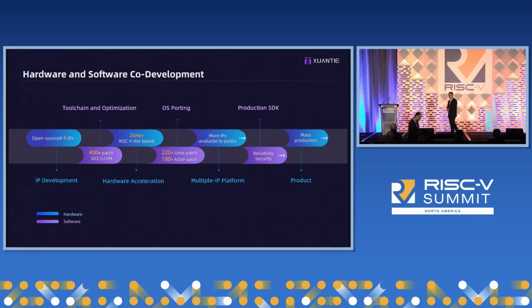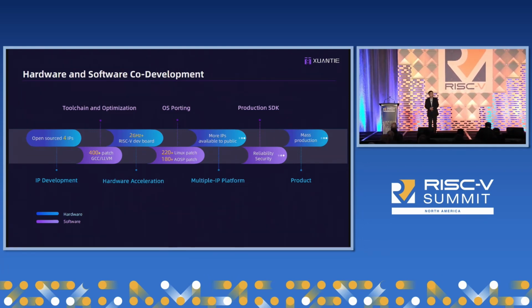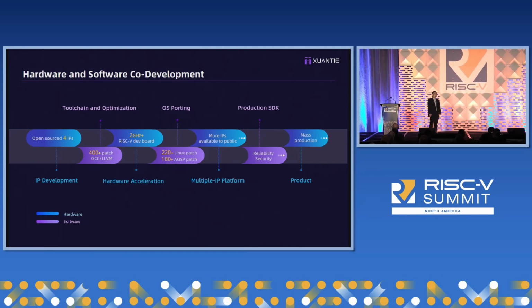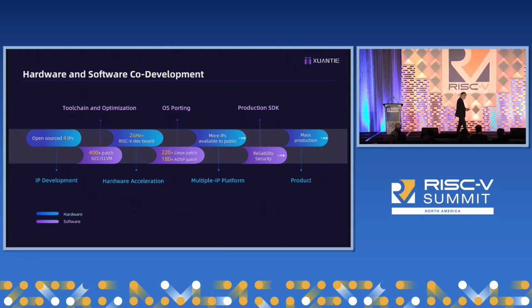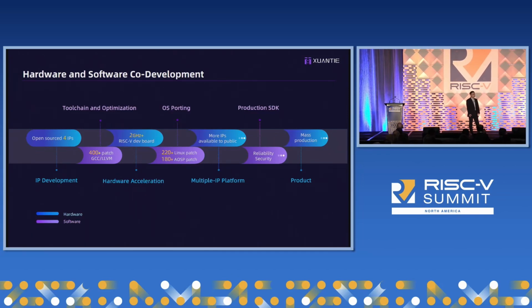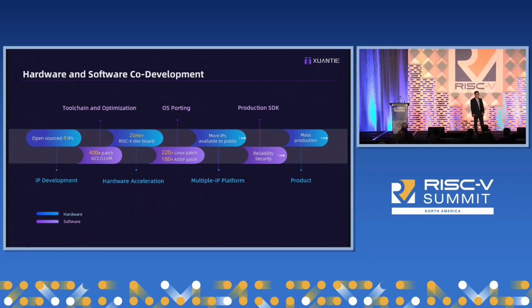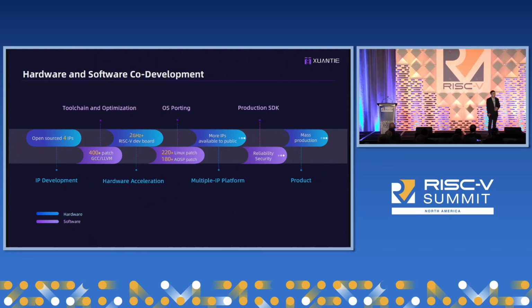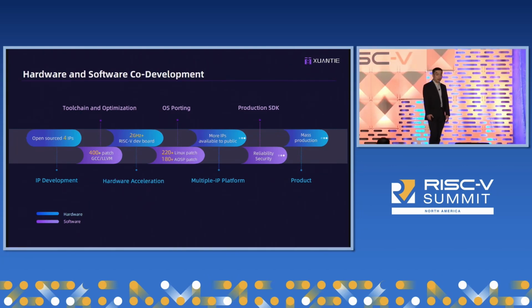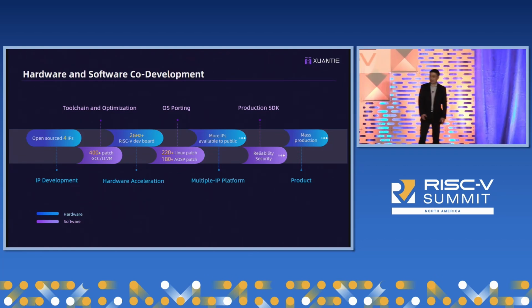Several years ago, we open sourced 4 CPU IPs to the world. They were listed on GitHub and are accessible to everybody in the world, including RTL codes. And then we released lots of patches for our tool chains and also optimization tools.